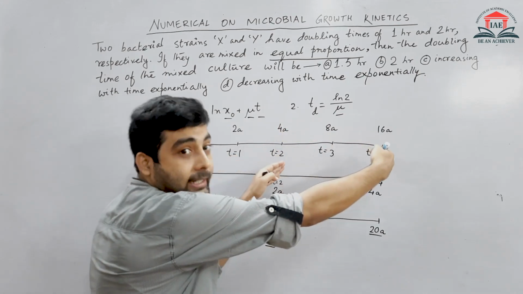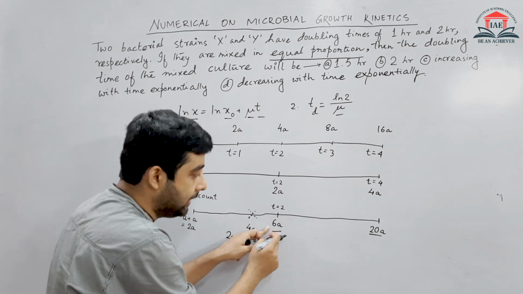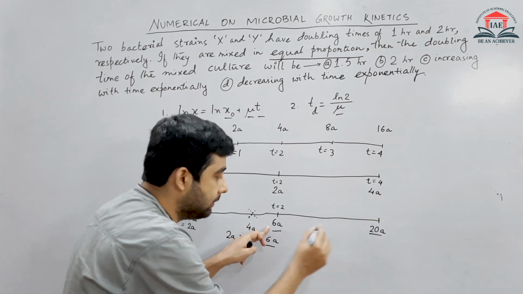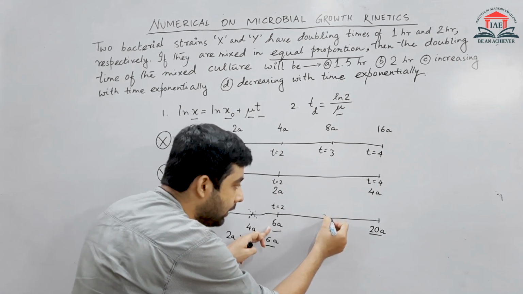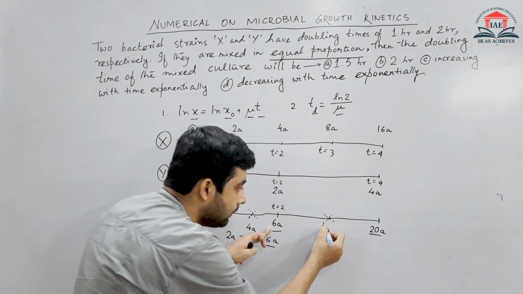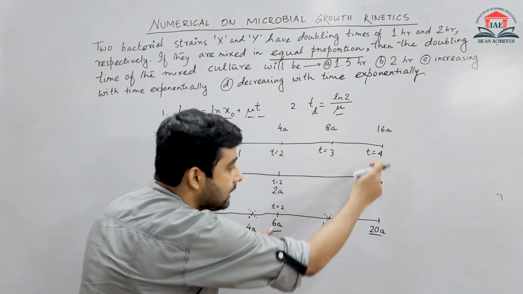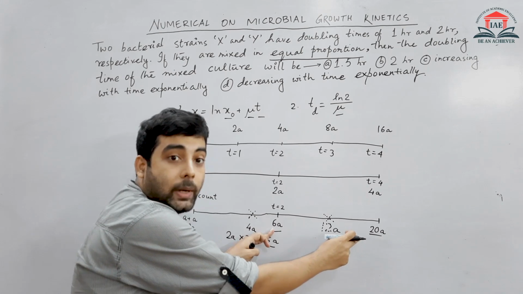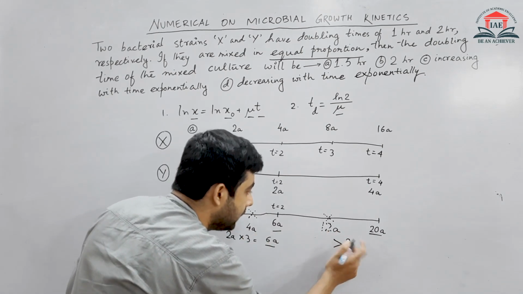Now moving to the second 2 hours, if this is 6A, that means the doubling time will be that time when it reaches 12A, maybe somewhere here. But after these 4 hours, it has reached 20A, meaning it is more than 3 times again.